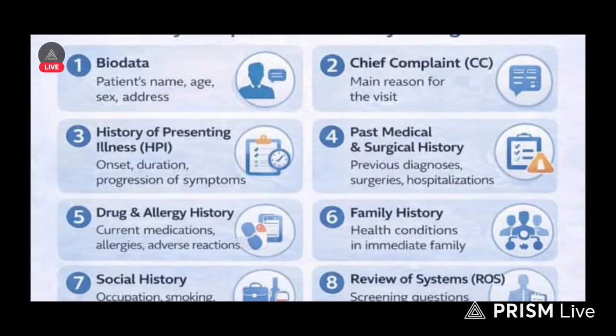So we go and talk about family history, health conditions in immediate family. So is there any person in your family that is suffering from this? Maybe the mother, the father, or any relative suffering from things like diabetes, epilepsy, asthma, TB.